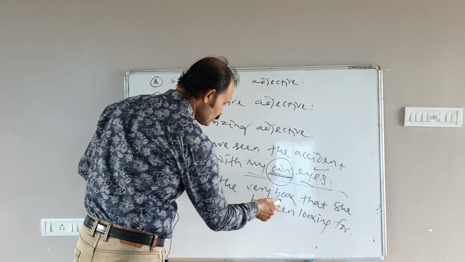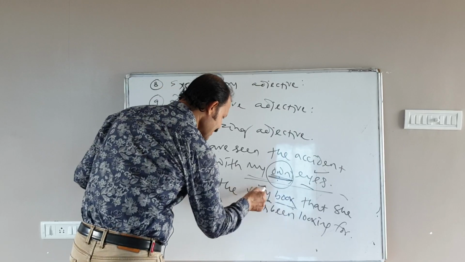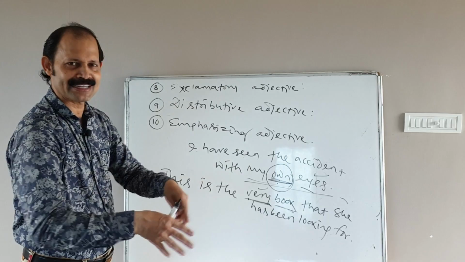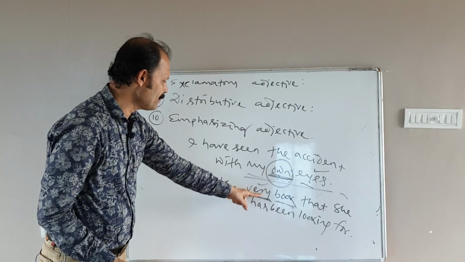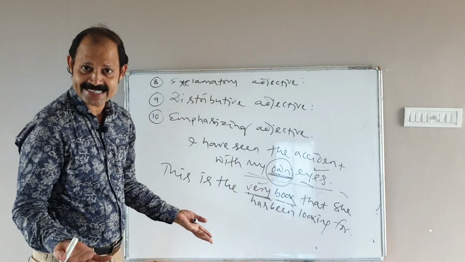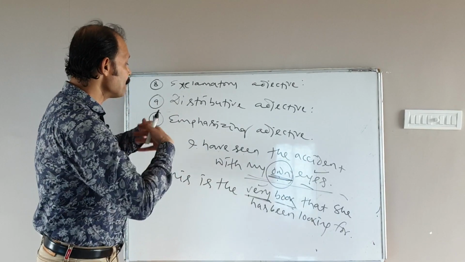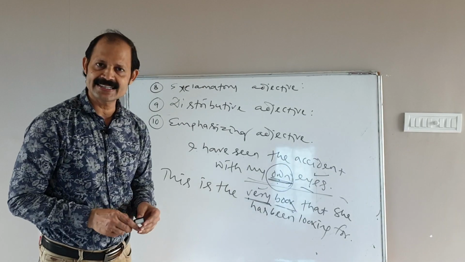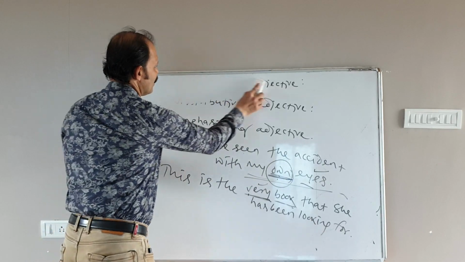Now in order to put the identity of the book in an emphasizing way, you use the word very. So when you are putting emphasis by saying this, you use it like this. So own, very, such adjectives, because these words describe the noun, that's why they are adjectives, and because they emphasize the identity of the noun, they are called emphasizing adjectives. Okay, so these are the adjectives.